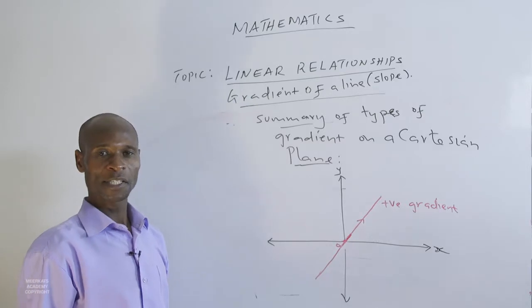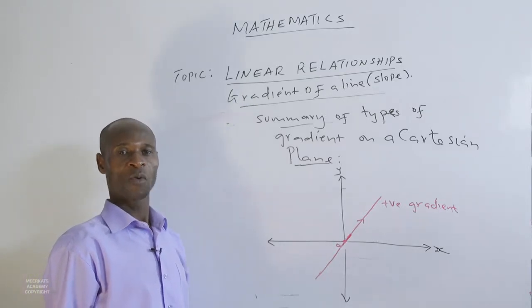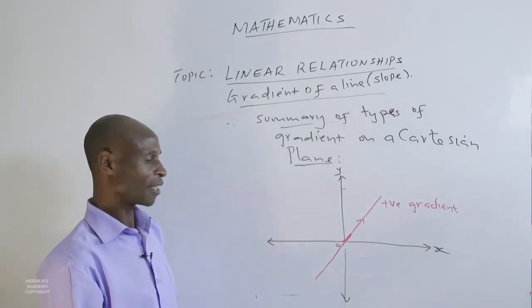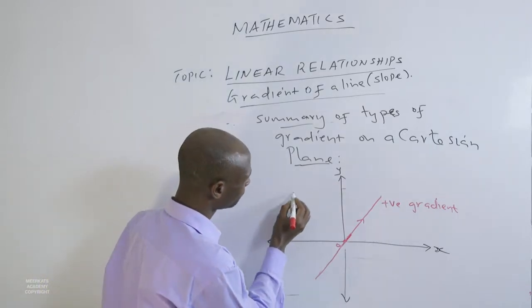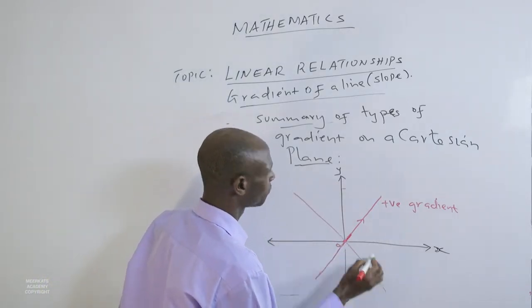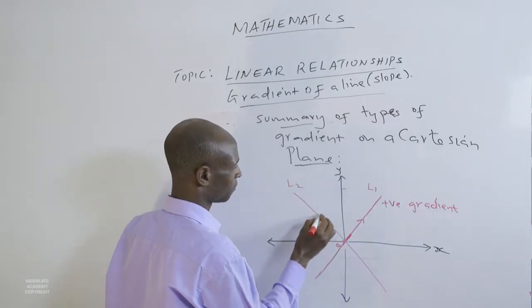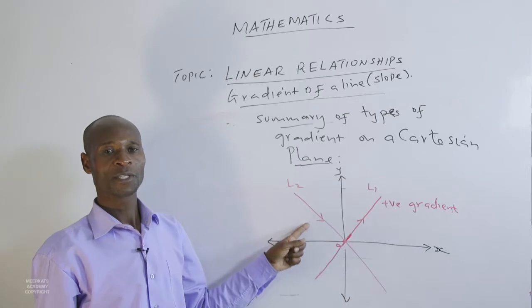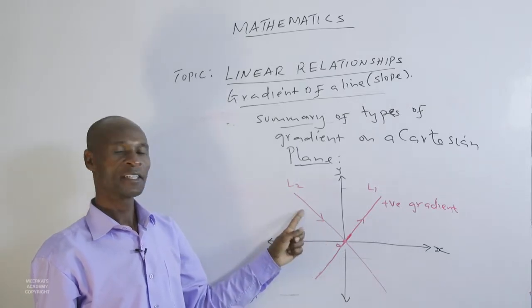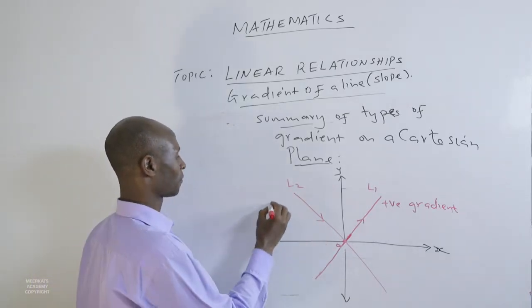However, if we consider a line where the y values are decreasing, like in this case, line 2, its gradient is negative.